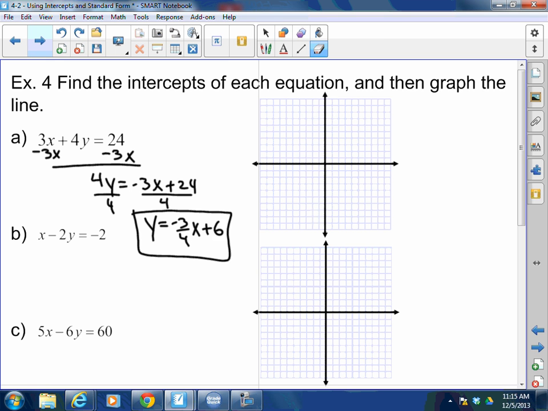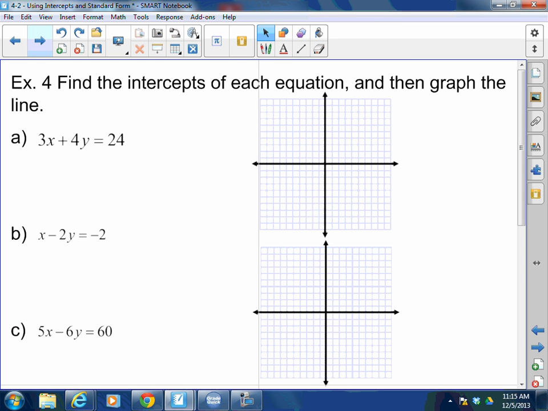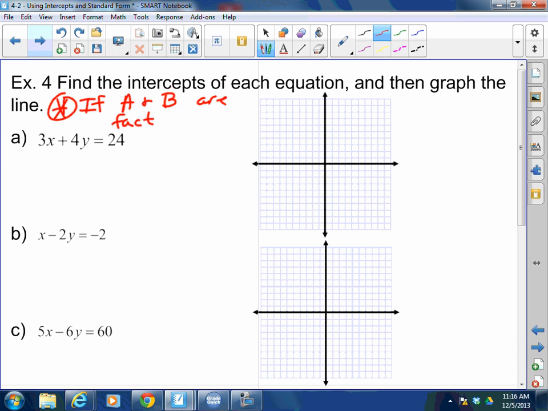But today, we're learning a skill that allows you to do a little shortcut. But this shortcut is only really valuable if A and B are factors of C. If A and B are not factors of C, you can still use this procedure, but you're going to get fractional answers.